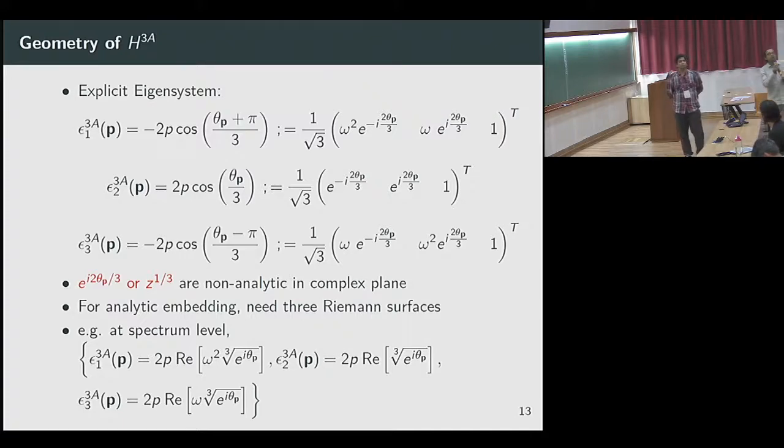Yeah. More questions? So, as I have remembered, just like in the single layer graphene, the topological winding number is 1. In bilayer graphene, topological winding number is 2.